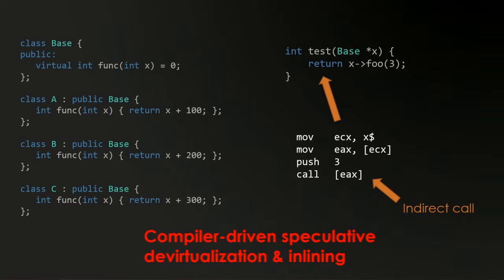And you know, the fancy words, compiler-driven, speculative devirtualization, and inlining, is a lot of words. But the basic idea is the function pointer case, the previous C-style case. The compiler is basically not guessing, but using profile information to make a strong determination that a function pointer is pointing to a specific function.